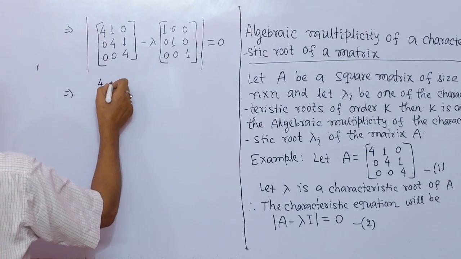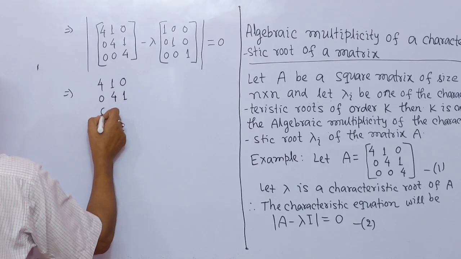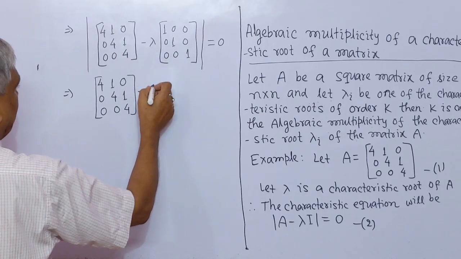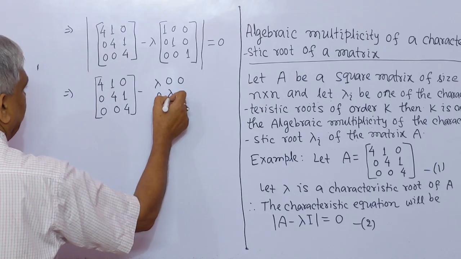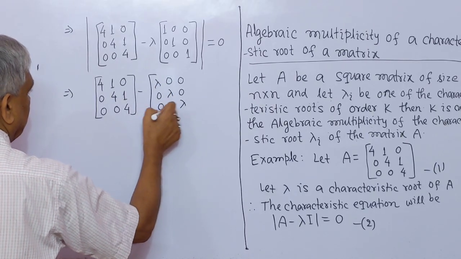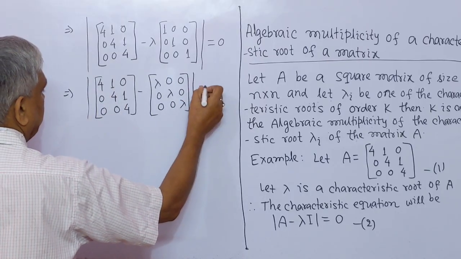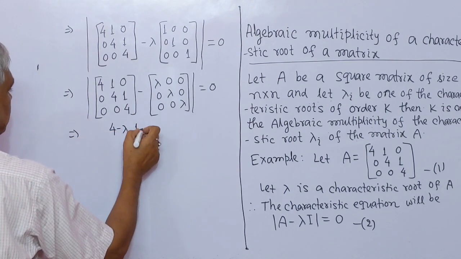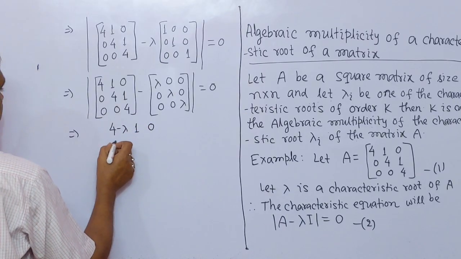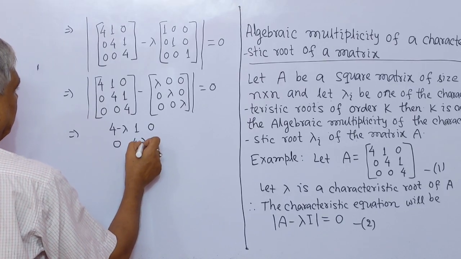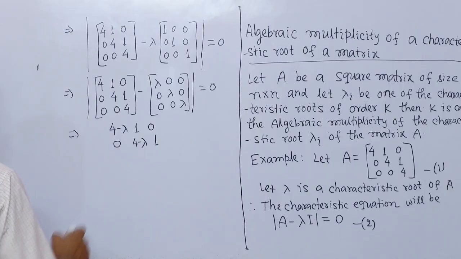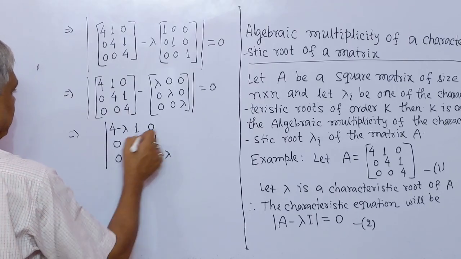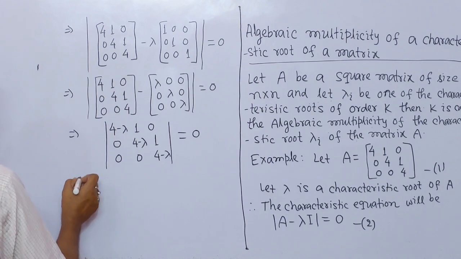This implies the matrix A minus, we multiply the unit matrix with lambda, giving lambda 0 0, 0 lambda 0, 0 0 lambda, determinant equals 0. This implies 4 minus lambda, 1 minus 0, 0 minus 0; 0 minus 0, 4 minus lambda, 1 minus 0; 0 minus 0, 0 minus 0, 4 minus lambda, determinant equals 0.